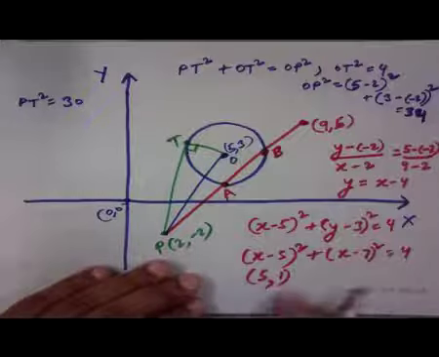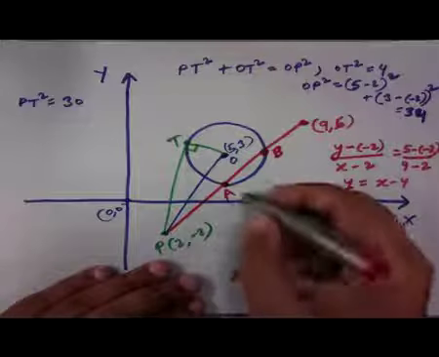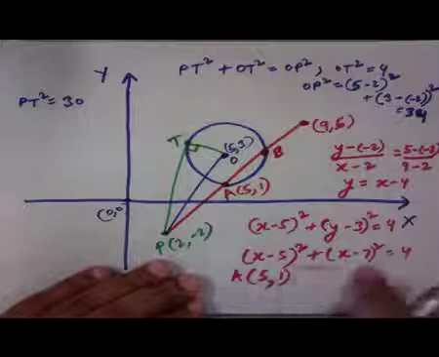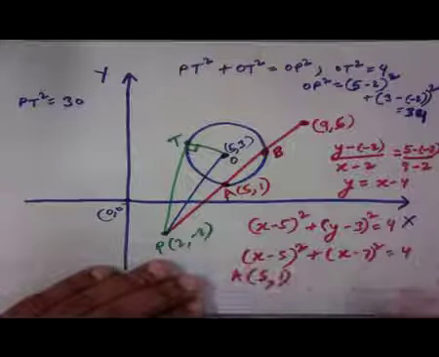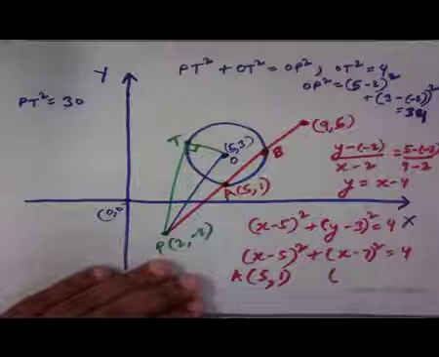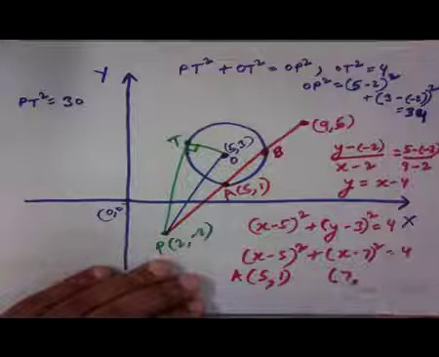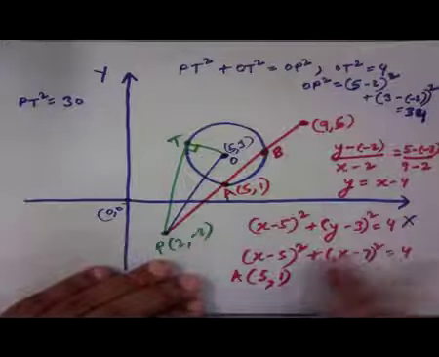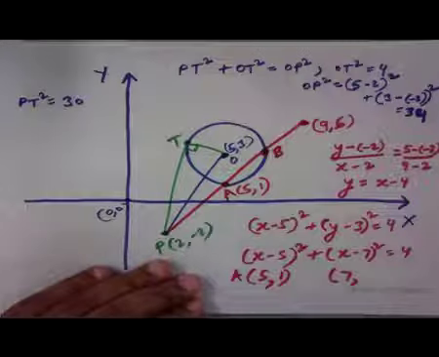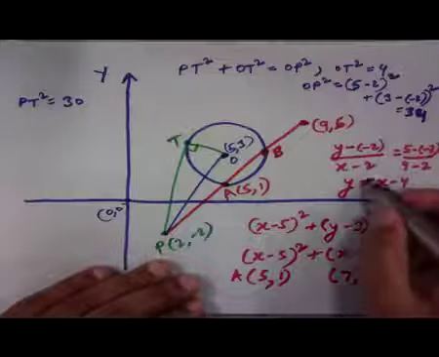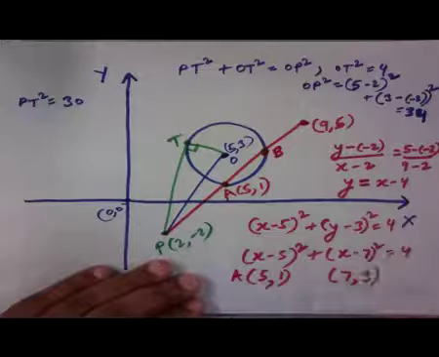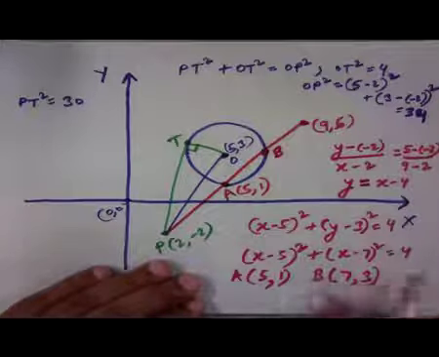So, this is one of the points, which is this point A. The other solution to this equation is x equal to 7, because when x equal to 7, this term is 0 and this is 4. When x is 7, then y is 3, and this is the other point of intersection.